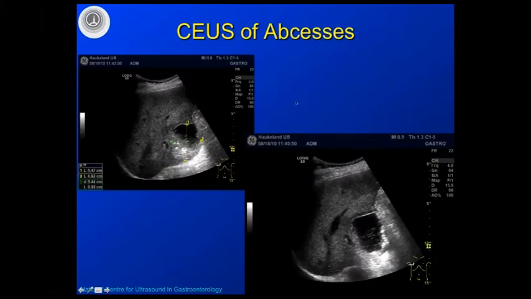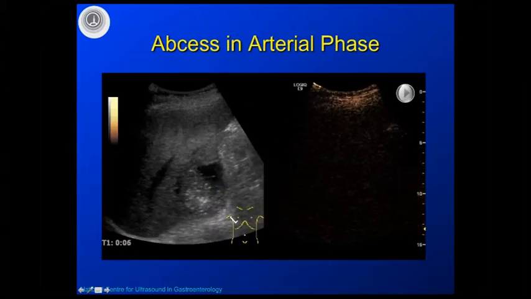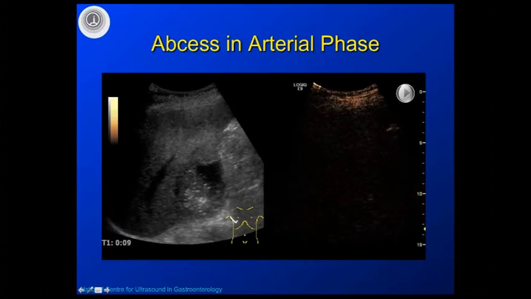In abscesses, we also have classical findings that you should be aware of. Usually there is some debris in a large or small lesion of the liver, and we use contrast to observe if there is a classical pattern of abscesses.